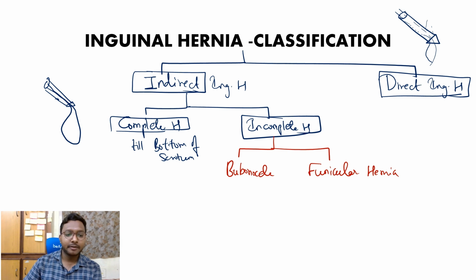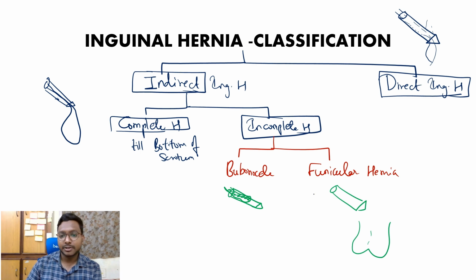So what is the basic difference between bubonocele and funicular hernia? Please understand, this is the inguinal canal. The hernia will be confined to the inguinal canal like this. Whereas in funicular hernia, this is the scrotum you have, so the hernia will occur just into the superior aspect of the scrotum like this.